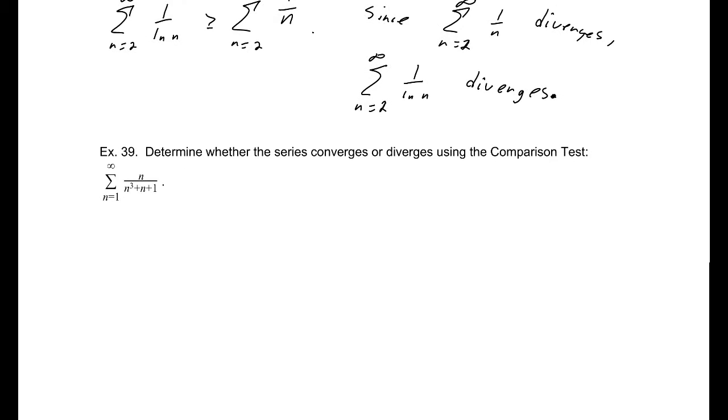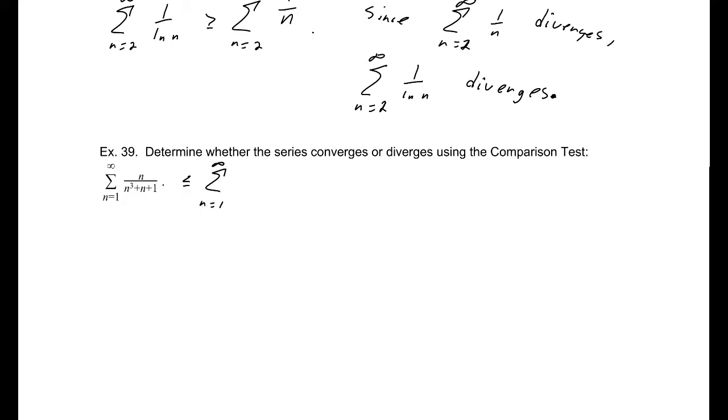All right, determine whether this series converges or diverges. Same setup. Let's see if we can compare this to something. I can definitely pull the same trick that we did a couple of these ago.